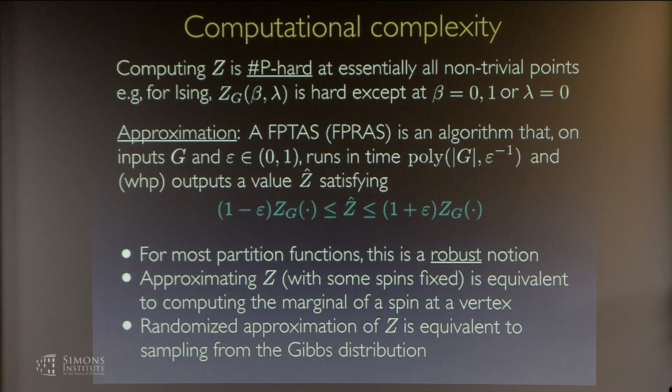And similarly, if you can randomly sample from the Gibbs distribution, then you can get an approximation algorithm for the partition function just by this observation. So if I can take random samples from the Gibbs distribution, then I can compute the marginal at a vertex and thereby the whole partition function.